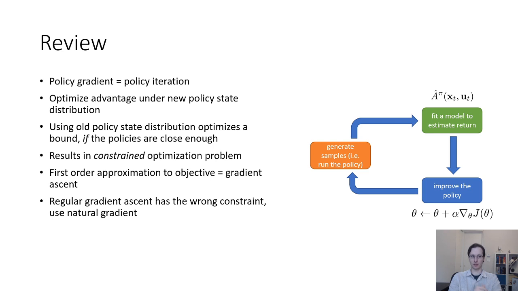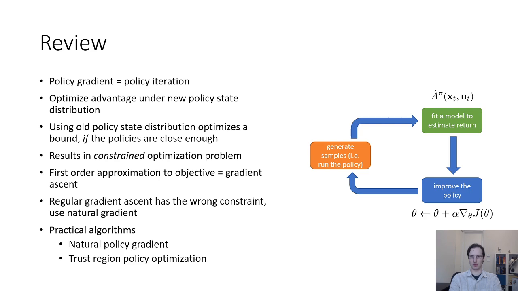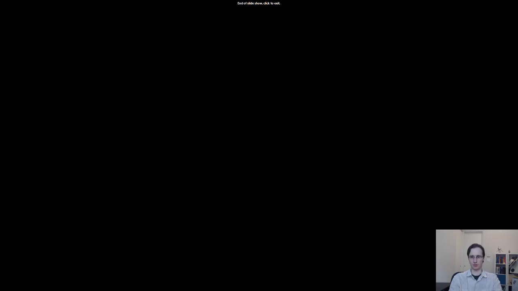Natural policy gradient replaces it with an approximation to the KL divergence, or you could optimize the original importance sampled objective for many gradient steps with an additional regularizer to stay close to the previous policy, multiplied by a Lagrange multiplier. Practical algorithms that use this: natural policy gradient, trust region policy optimization, and proximal policy optimization.